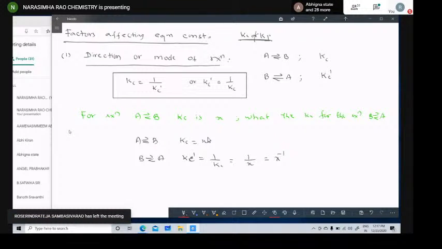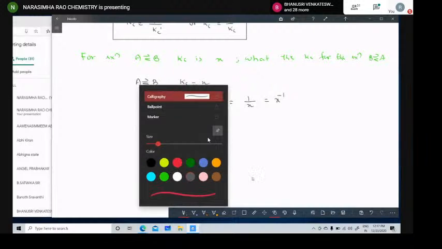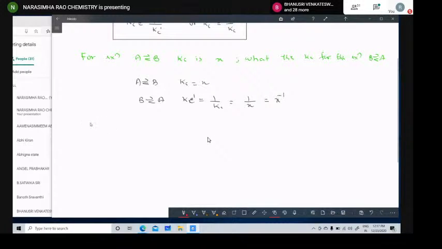Once again, I am taking one more example. Kc for H2 plus I2 in equilibrium with 2HI is 0.1.